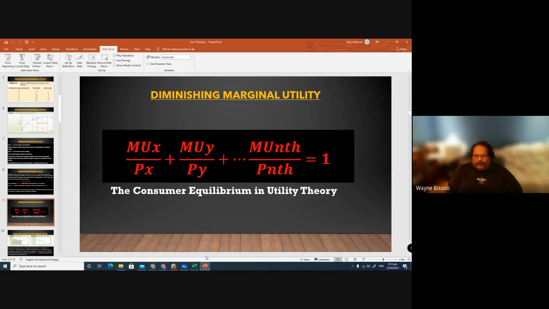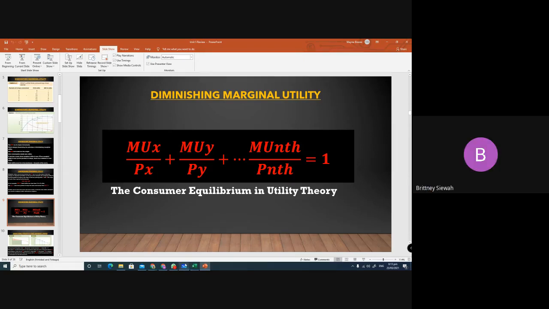The X is tuna. Y is what? Name something else you put in your basket of goods. So you have tuna. You might have cheese as the next item. You might have chicken, but chicken will be the marginal utility per pound, over the price per pound. You're following what I'm talking about?